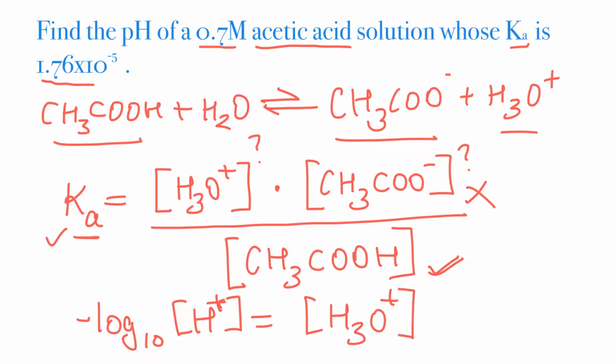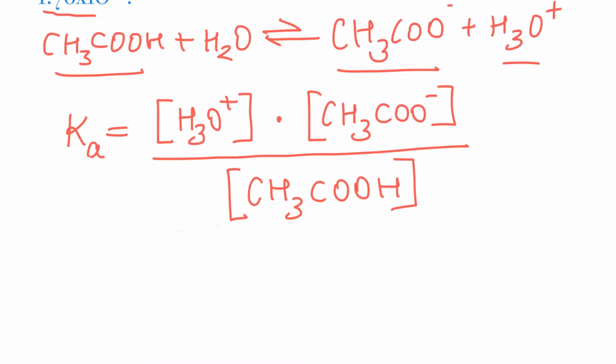When you see H positive or H3O positive, they are exactly the same. Please don't get confused between them; they are used interchangeably. So, getting back to the problem, let's plug in the numbers that are given to us.